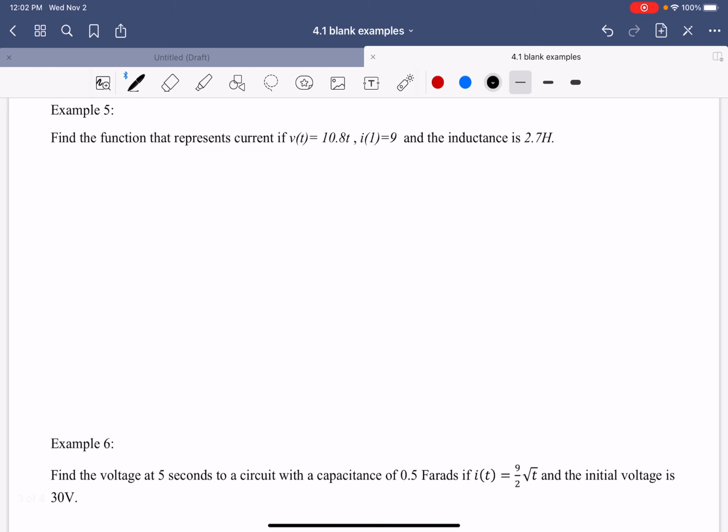All right, find the function that represents current if voltage is given as 10.8t, and we know that I of 1 equals 9. We're also given inductance of 2.7 henries. So if we need to find current, we will use I equals 1 over L times the antiderivative of voltage. We'll have 1 over 2.7 times the antiderivative of 10.8t.